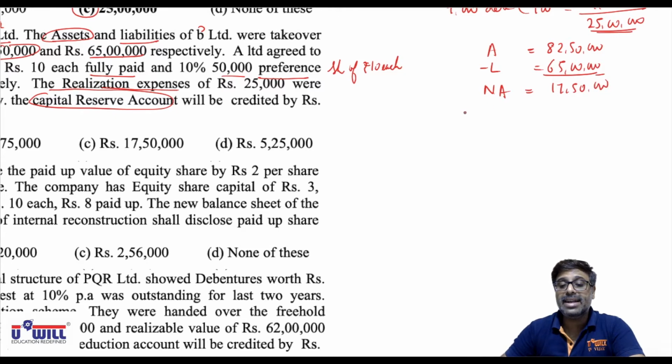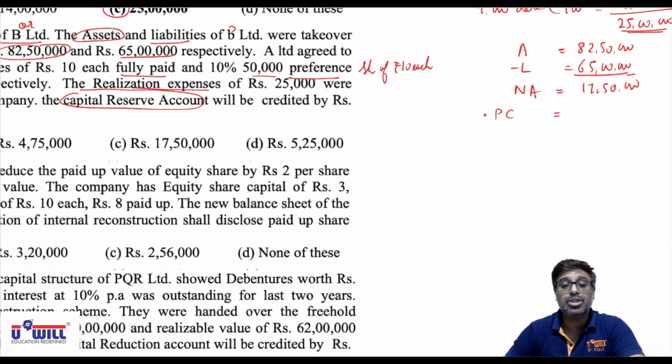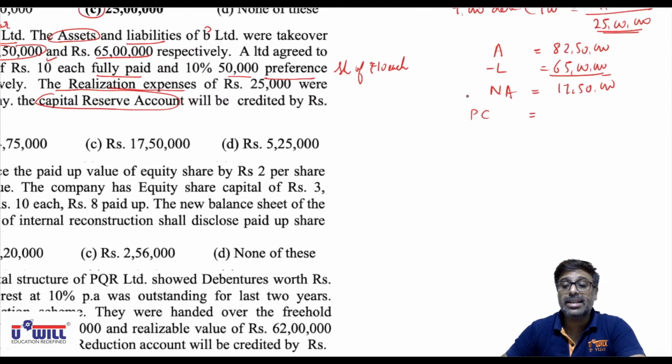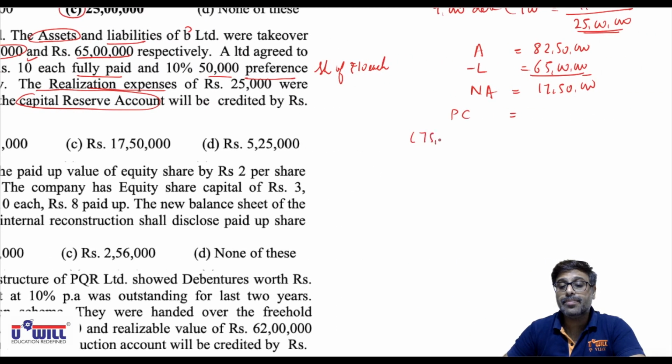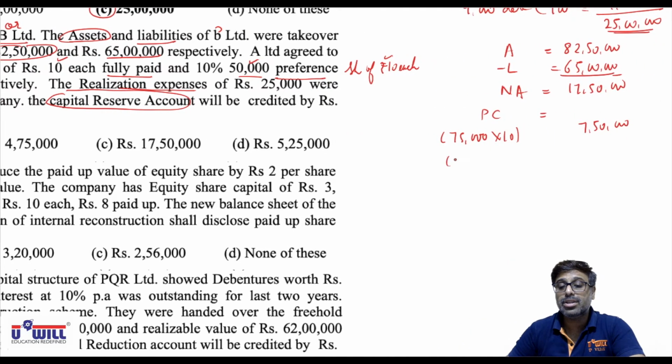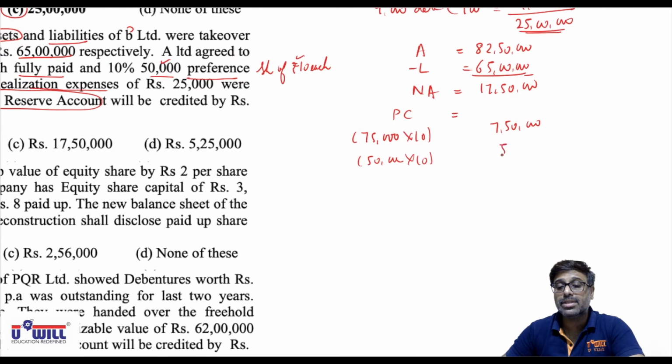Now against 17 lakh 50,000, what is the purchase consideration we are paying? We are giving 75,000 equity shares of 10 each, means 7 lakh 50,000. And further, 50,000 preference shares of 10 each. So we are giving 5 lakhs in the form of preference shares.